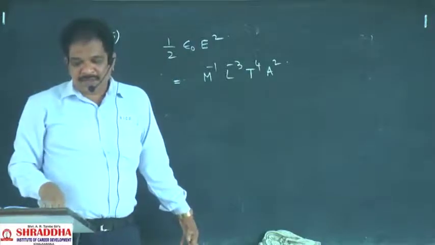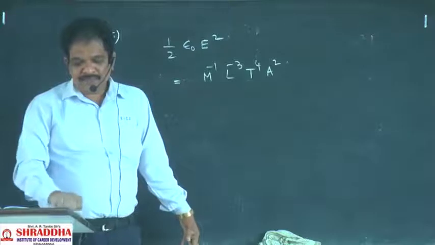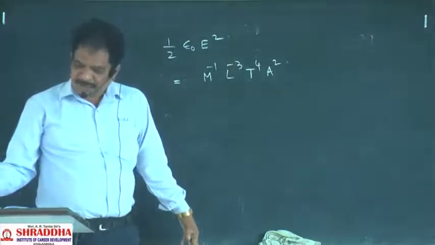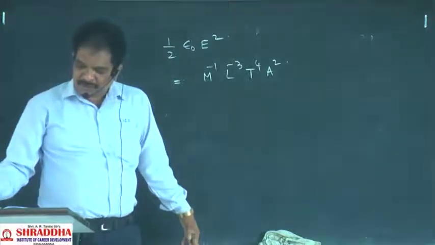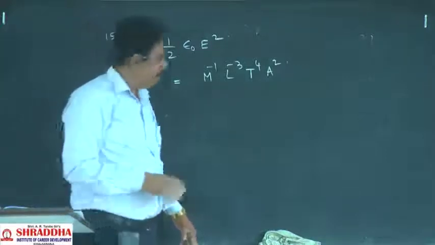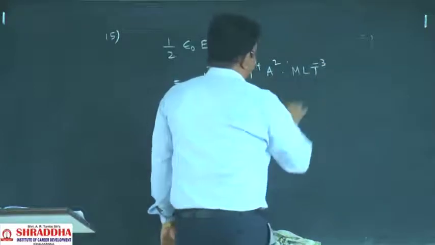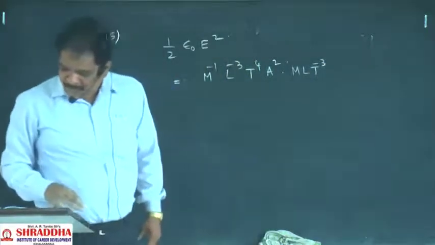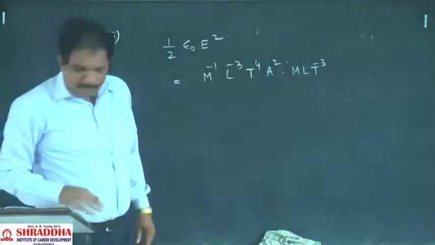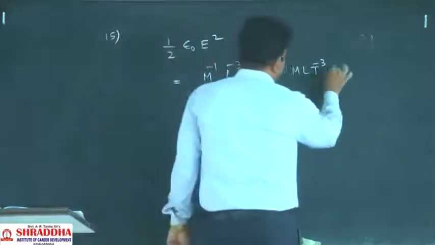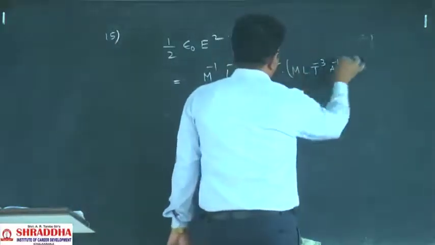Next, electric field intensity, M L T power minus 3 A power minus 1, whole square.